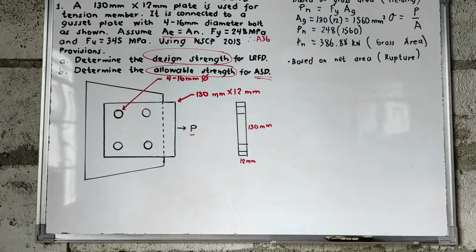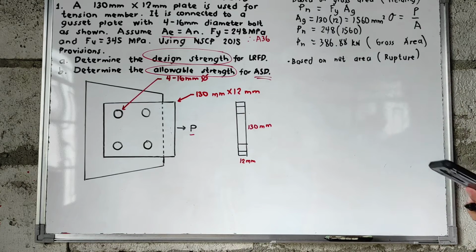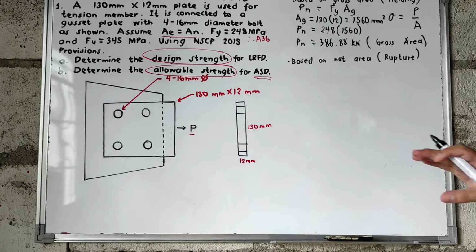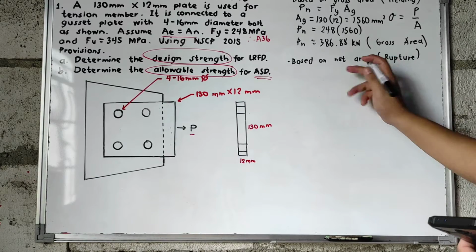Okay. The next limit state is rupture. When we are dealing with rupture, what happens is there is separation. What we consider here is the net area.